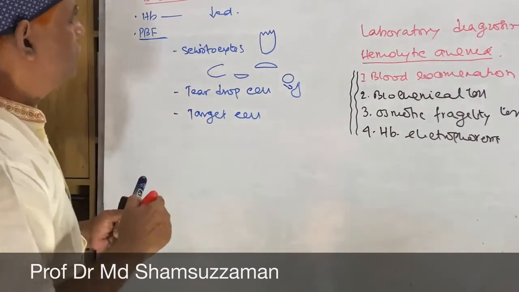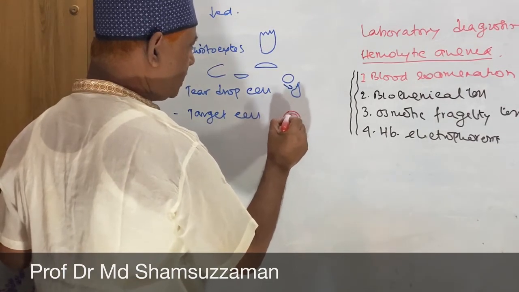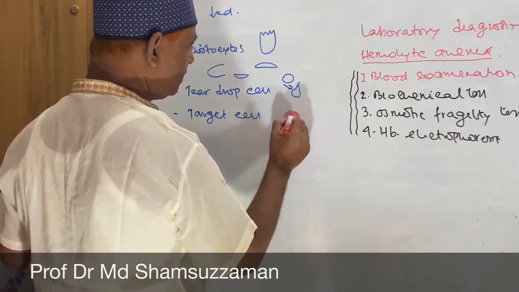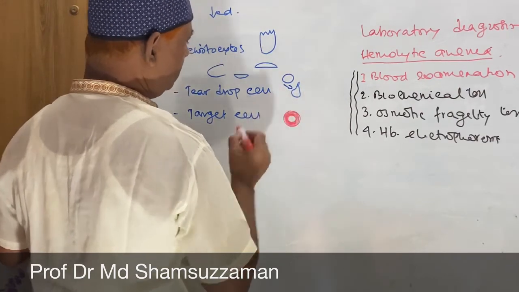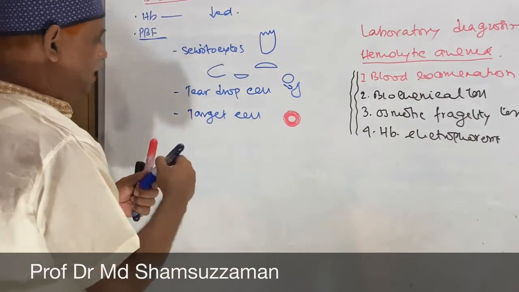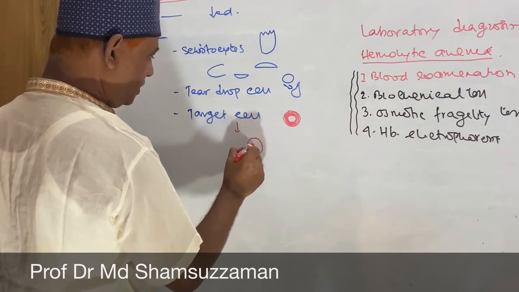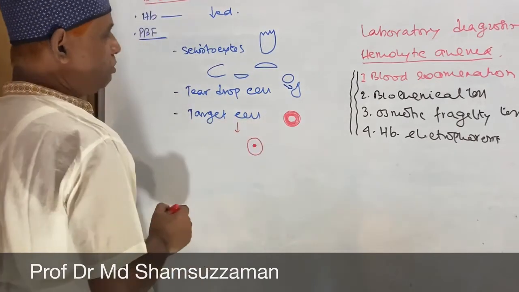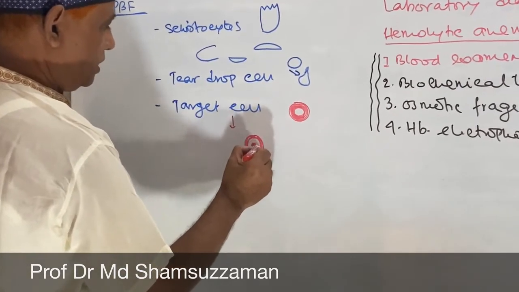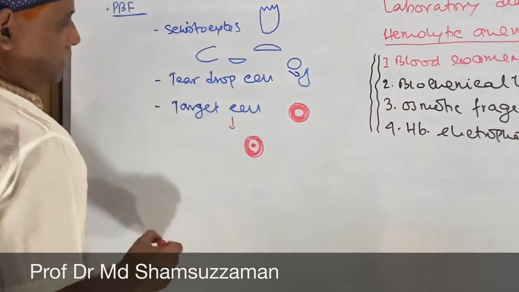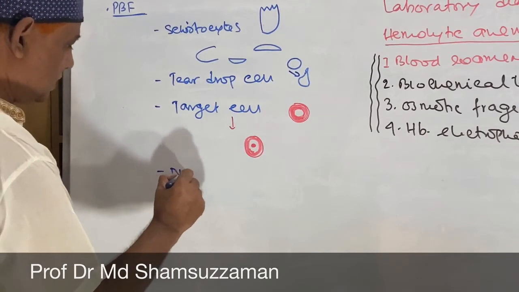Dear audience, you know, in a normal RBC, the peripheral part contains hemoglobin and the central one-third contains less hemoglobin, so it becomes pale. The target cell is like this: the central part is deeply stained due to hemoglobin, the peripheral part contains hemoglobin, and in between these two parts there is no hemoglobin or less hemoglobin. This is a target cell. In addition to this, we can get nucleated red cells.